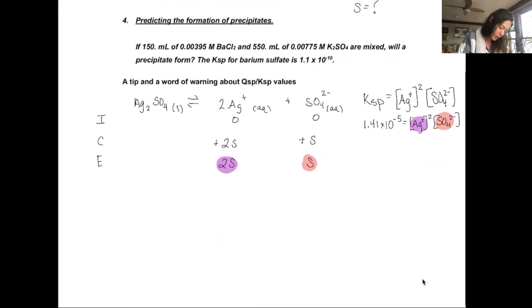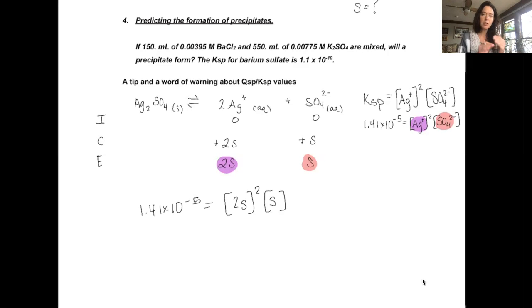Let's plug those in. Let's do it down here where we have more room. 1.41 times 10 to the negative 5th equals whatever we have defined as our silver concentration at equilibrium squared, multiplied by whatever we have defined our sulfate ion concentration to be at equilibrium.